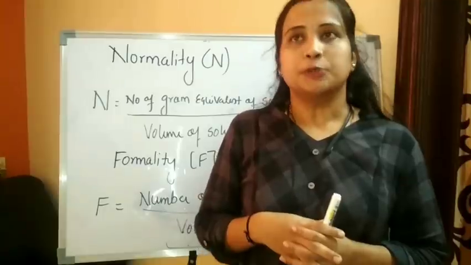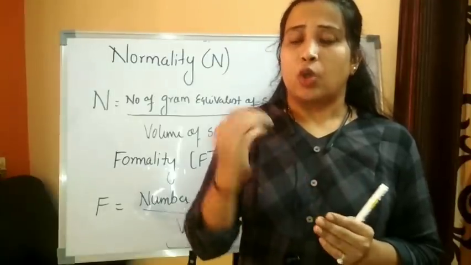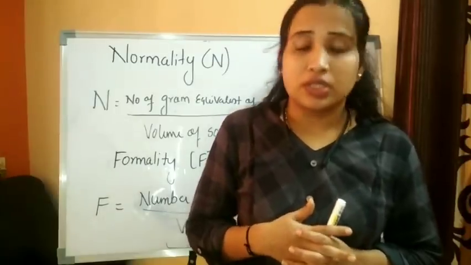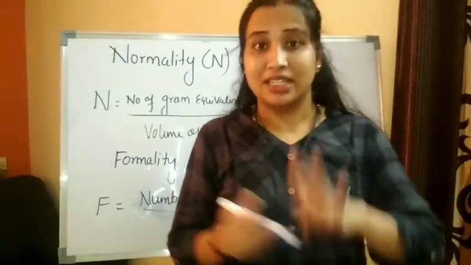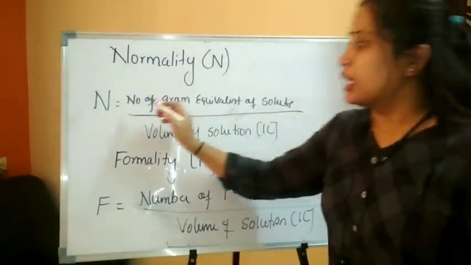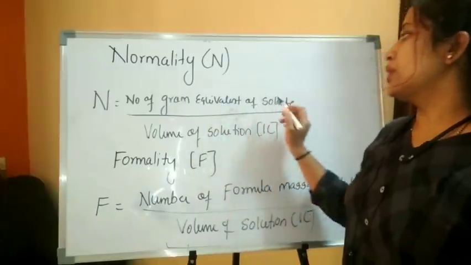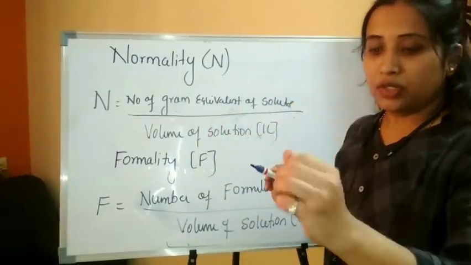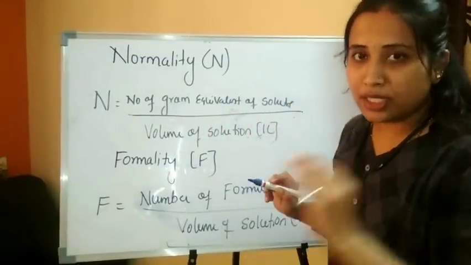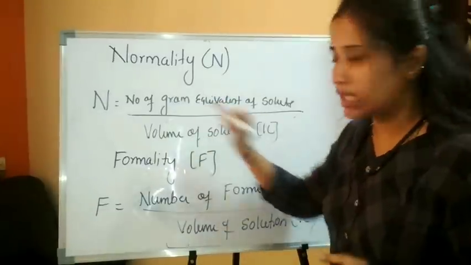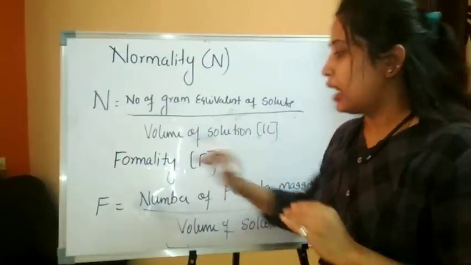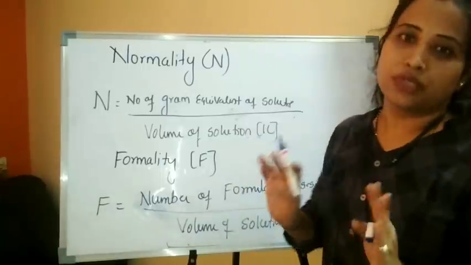With a normality solution, we will not consider the molecular weight. Instead, we consider the number of gram equivalent weight of the solute, measured in grams, taken and dissolved in a definite volume of the solution.